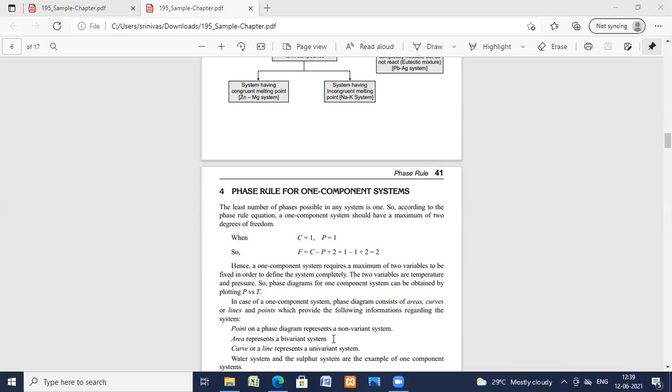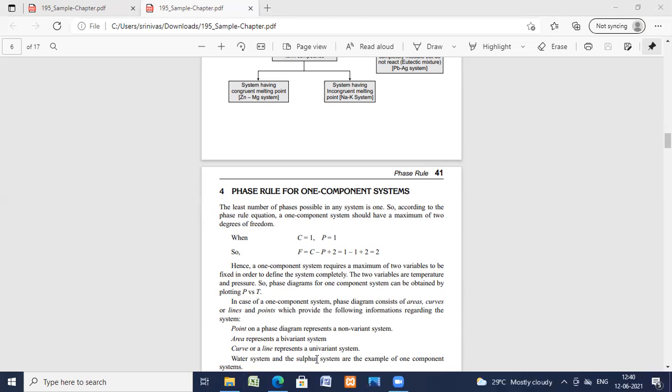What do points on the phase diagram represent, an invariant or a variant system? A point generally represents a non-variant system, the areas represent a bivariant system, and a curve or a line represents a univariant system.